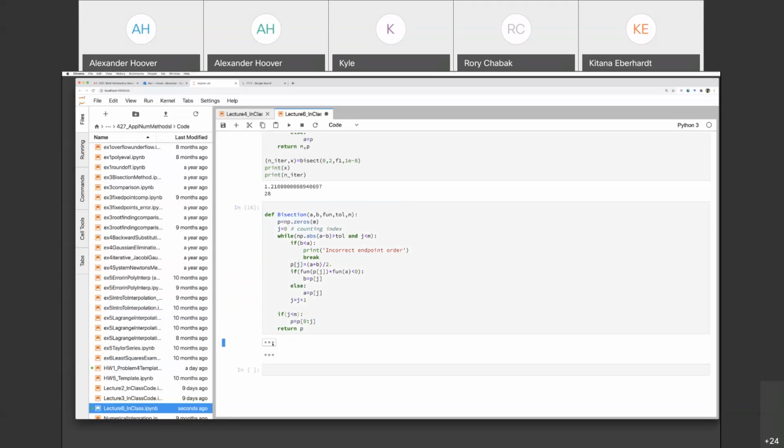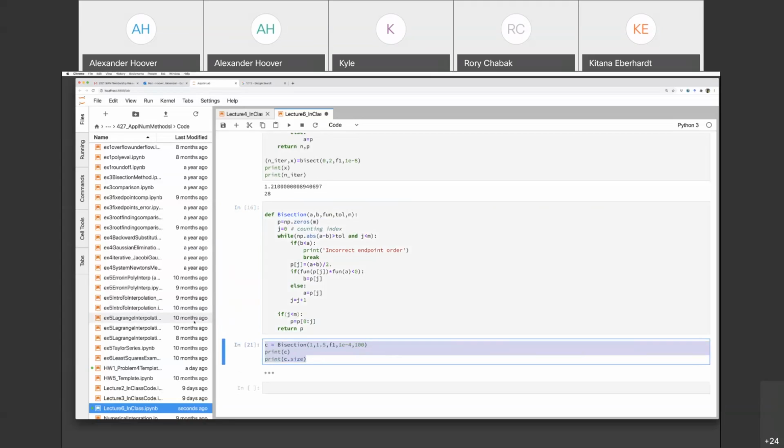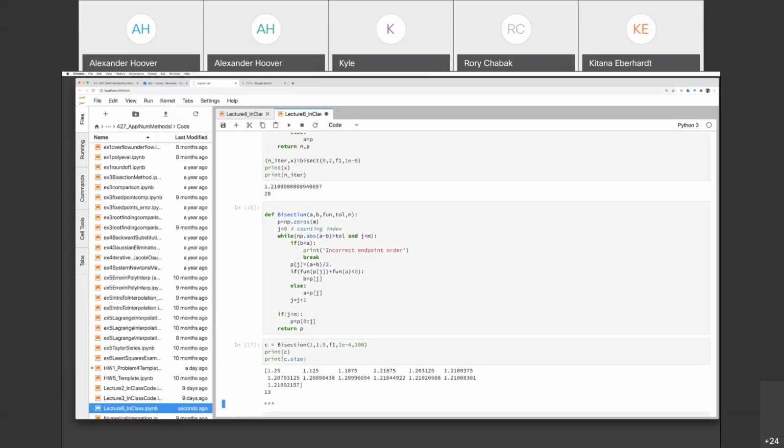If we actually go ahead and print these out, not that it matters whether I'm using P or C, we can see how close we're getting based off of our answers.